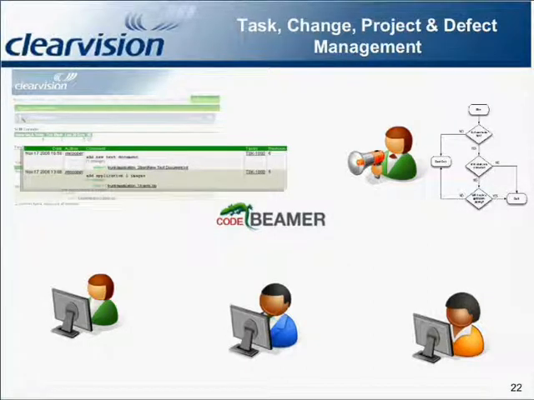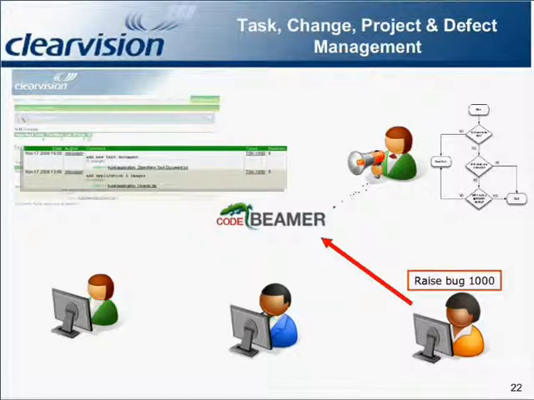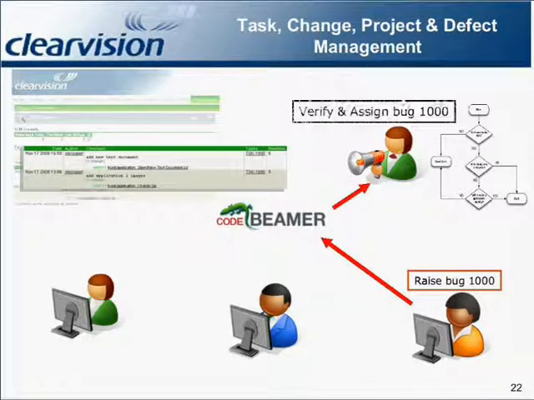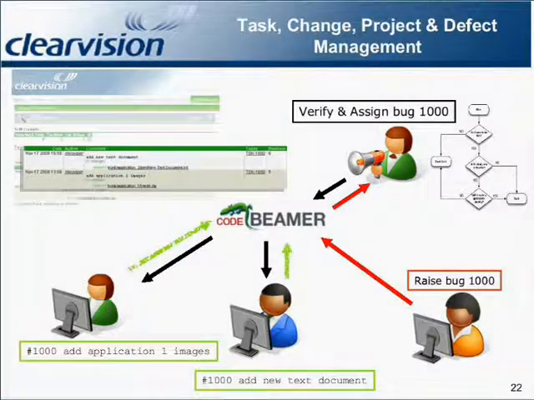In this example, we see a project manager who has a state transition, a change set, again known as a tracker item. It could be a bug, new functionality, or an enhancement record type. Somebody raises an issue. It goes through the state transition process and is assigned to a developer or a number of developers who work on that defect.